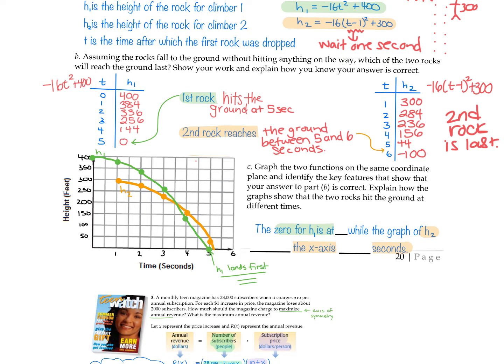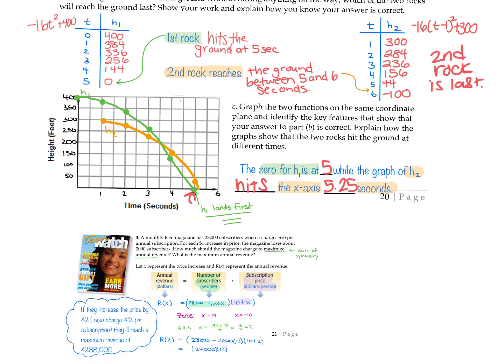The zero for H1 is right here, at 5 seconds, while the graph of H2 hits the x-axis at like 5.25, somewhere in there. It can be an estimate. Either way, I know that it hits the ground after 5 seconds. So I know that the first one lands first.